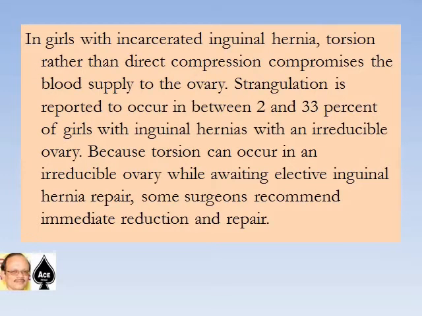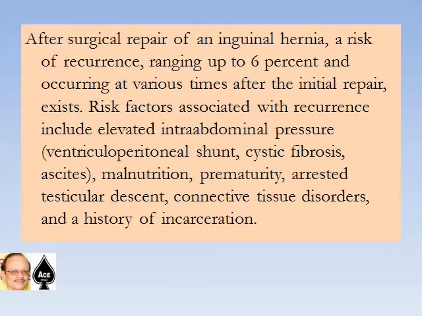Strangulation is reported to occur in between 2 and 33% of girls with inguinal hernia with an irreducible ovary. Because torsion can occur in an irreducible ovary while awaiting elective inguinal hernia repair, some surgeons recommend immediate reduction and repair.